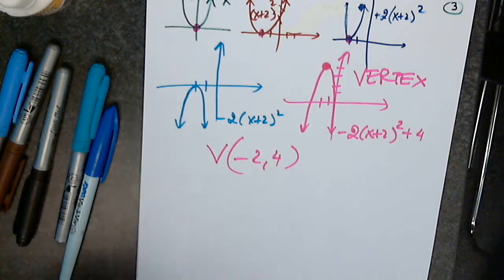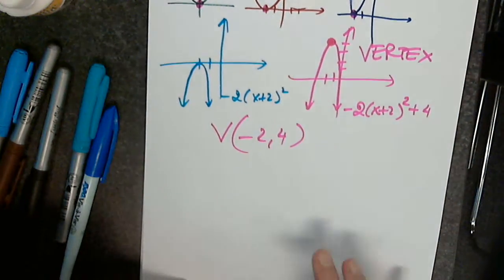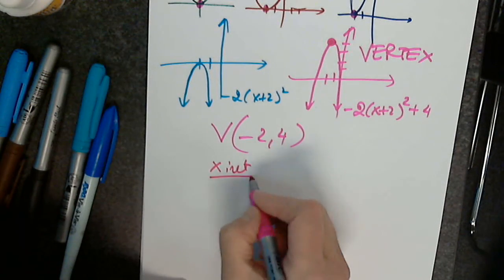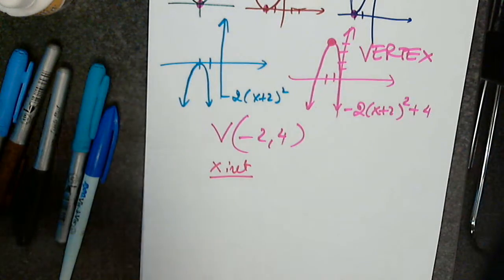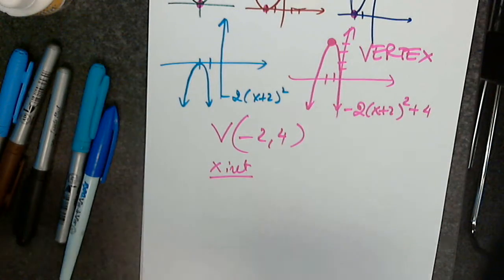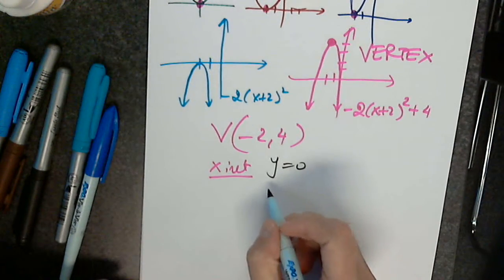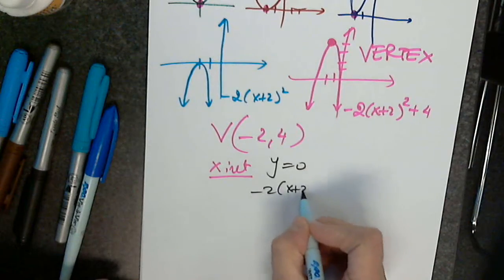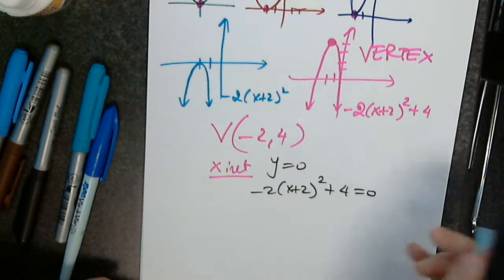So how will I determine for this function the x and y intercepts? How do I determine the x intercepts for any function, actually? Yes. In order to find the x intercept, I have to set y equal to 0. Very good. So I set y equal to 0, and I have negative 2 times x plus 2 squared plus 4 equals 0.